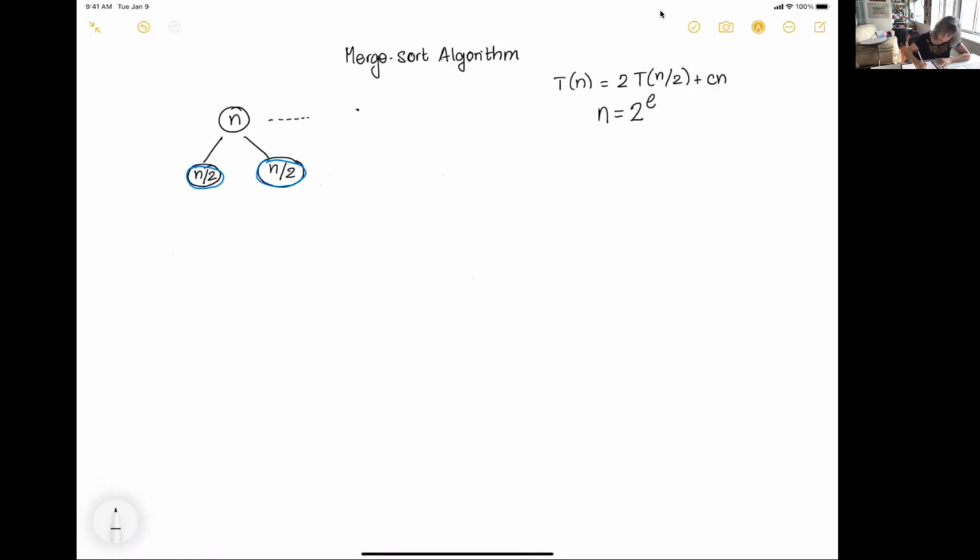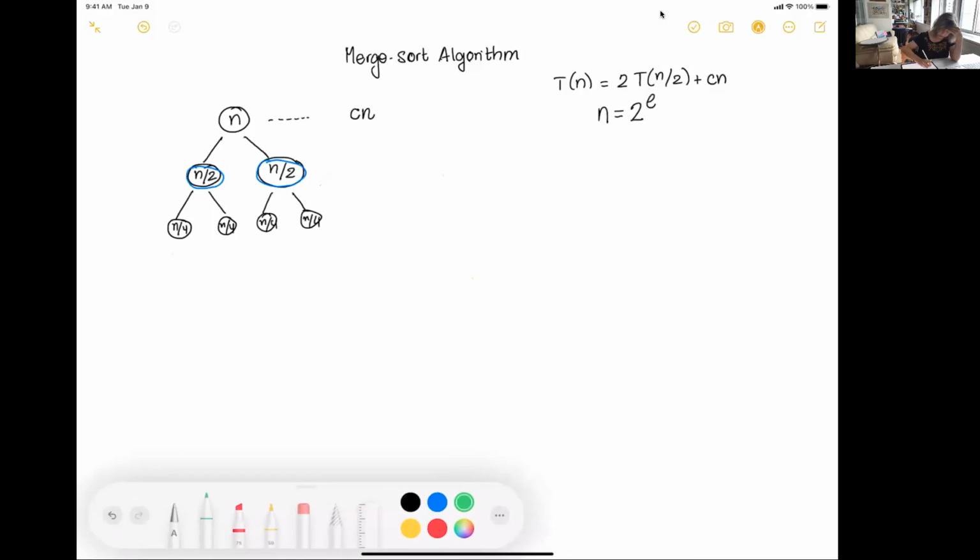So the amount of work that I need to do once Sam gives me the two sorted arrays is C times n. Now, by the same token, Sam was going to call Alex, and Alex was going to provide solving the problem for sizes n/4 each of them. And so let's put this one in green.